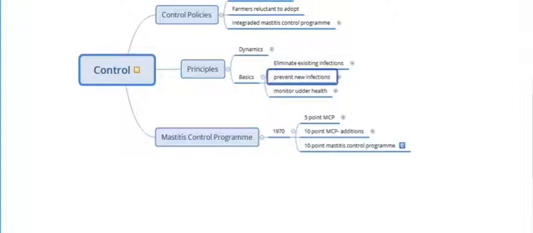So what are the programs that you plan to eliminate the already present infections in your farm? Then what are the ways to prevent new infections from occurring in your farm? And finally, in between eliminating and preventing, you have to regularly monitor the health status of the udder of your animals. So these are the three pillars on which a strong mastitis control program stands.